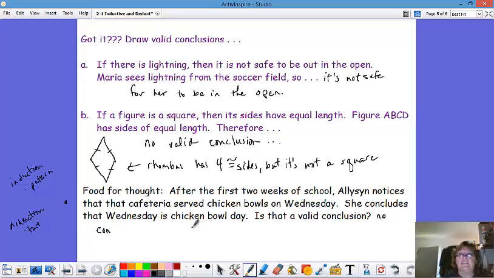Is that a valid conclusion? No, because there could be exceptions. You can't say that that's valid unless you've tested every Wednesday, and you can't test every Wednesday, right? Conclusions drawn by induction can sometimes be faulty. They can sometimes be disproved.